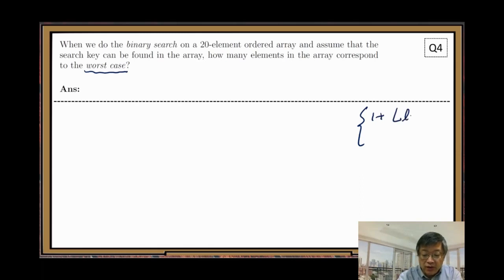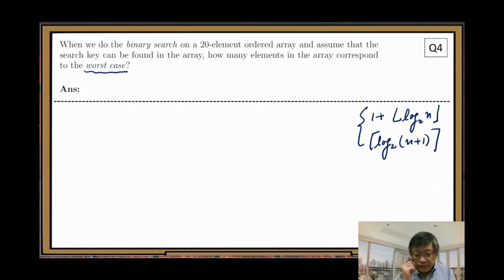There are 2 ways you can write it. One way is this. Another is n plus 1. They should give the same answer, so use whichever you like. But here, the question is how many elements in the array correspond to the worst case?